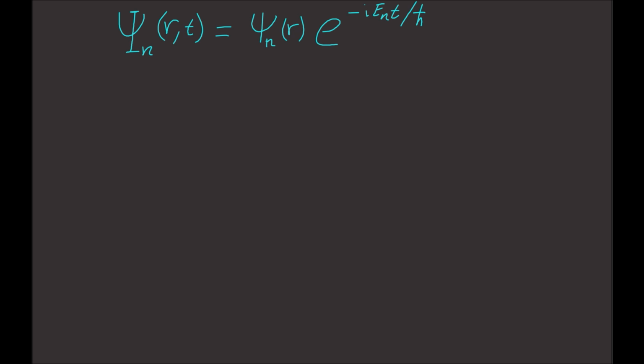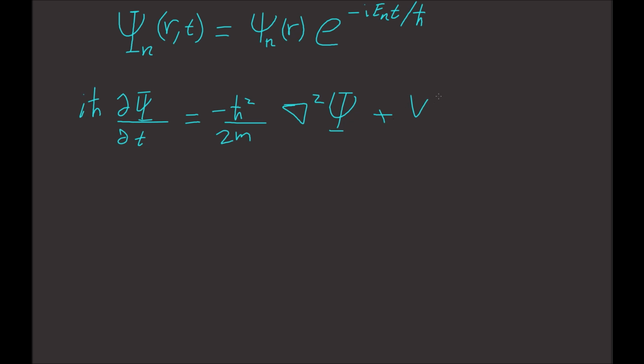So if you look back at the Schrodinger equation, this is the solution for the time part. The Schrodinger equation reads i h bar times the time derivative of psi equals minus h bar squared divided by 2m times nabla squared times psi plus some potential function times psi. Let's call the solution number 1 and the Schrodinger equation number 2.